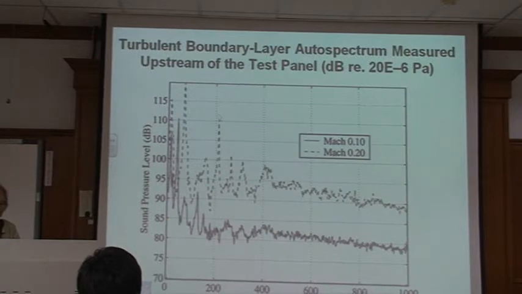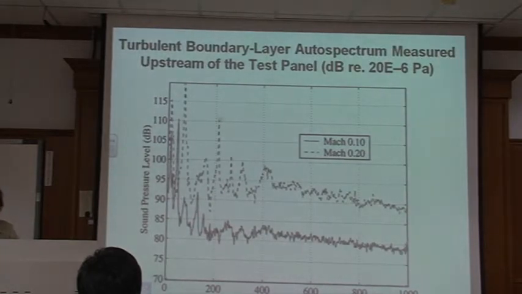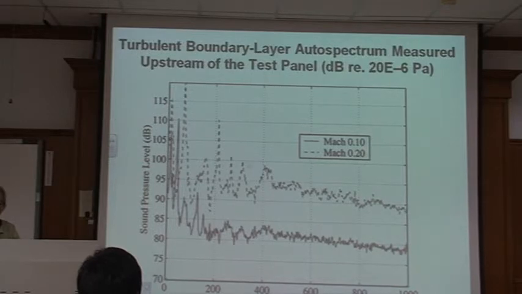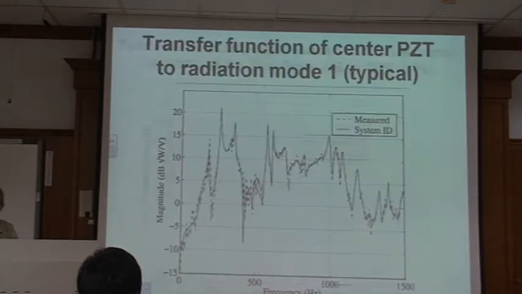That's what happens. So now from here you can see this is Mach 0.1, Mach 0.2, and the dash line is 0.1, the solid is 0.2, and this is the test structure. And this is the system ID without control.